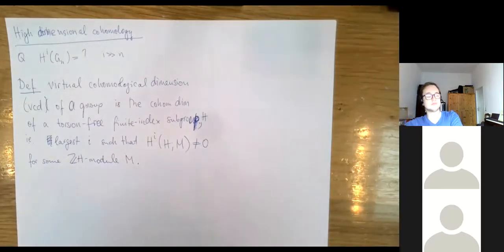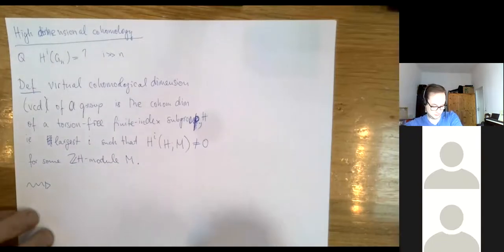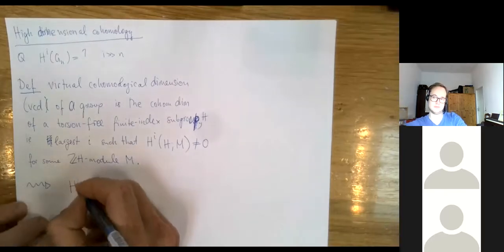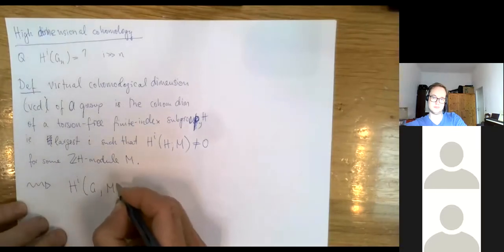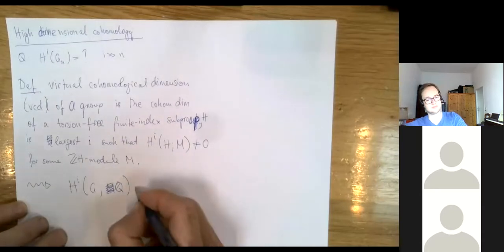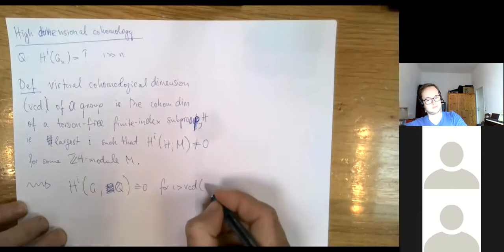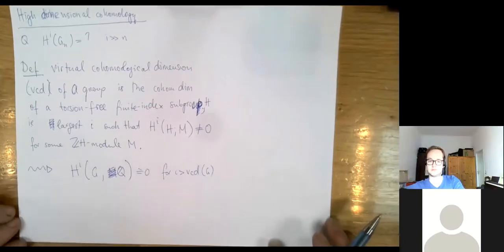And what does this mean? In particular, it means that in all of our cases, this is very related to the fact that the i-th cohomology of G with rational coefficients is 0 for i larger than the virtual cohomological dimension of G. With integer coefficients, this is not true anymore, so there you will have some torsion elements.